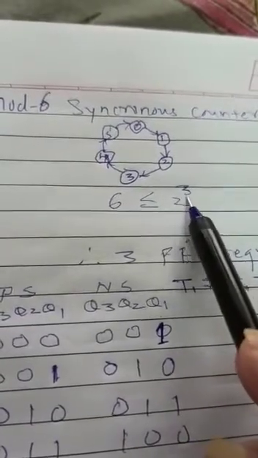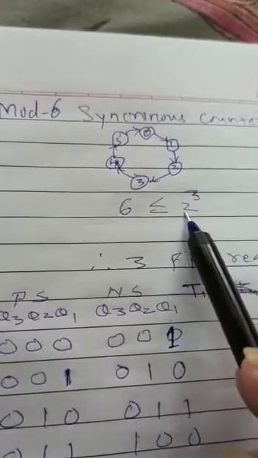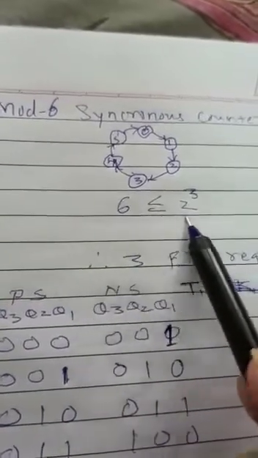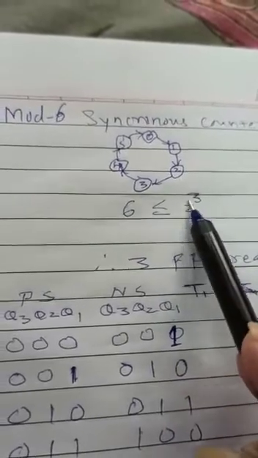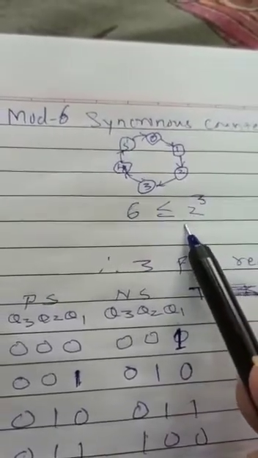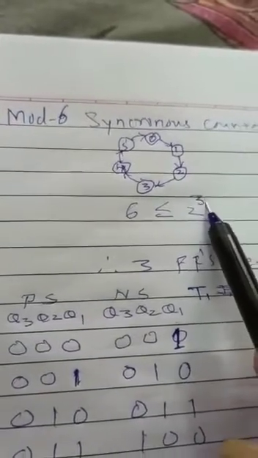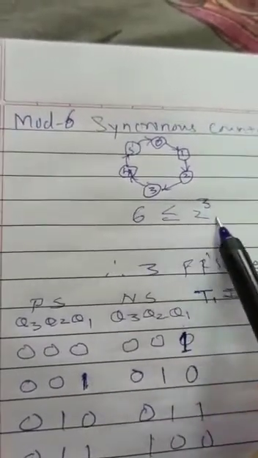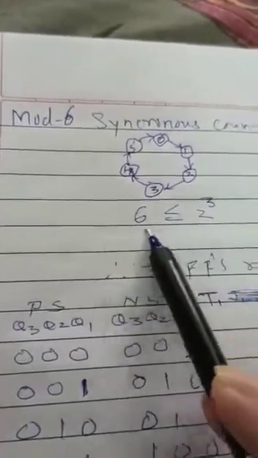So here 3 flip-flops are required. Why not 2 flip-flops? Because 2 raised to 2 will not satisfy this equation. 2 raised to 1 will also not satisfy. So 2 raised to 3 will satisfy. That's why minimum 3 flip-flops are required for a mod 6 synchronous counter also.